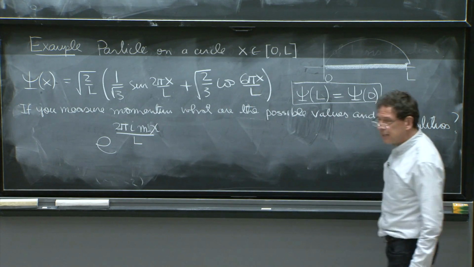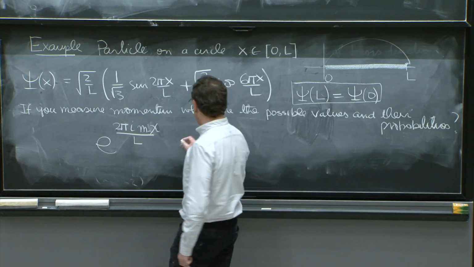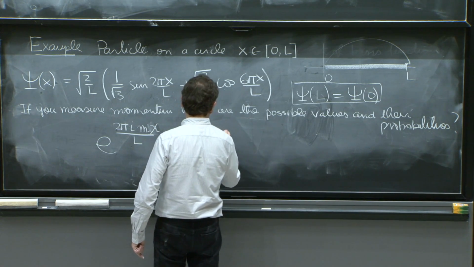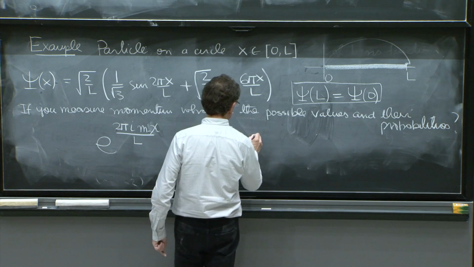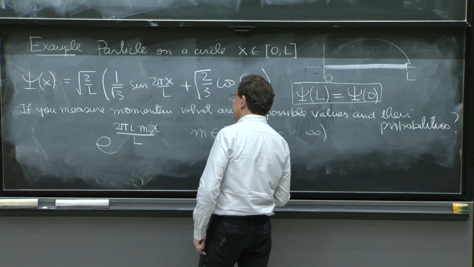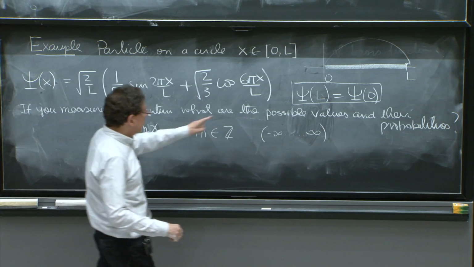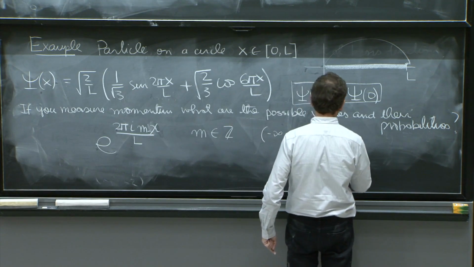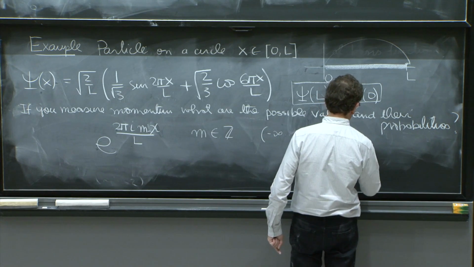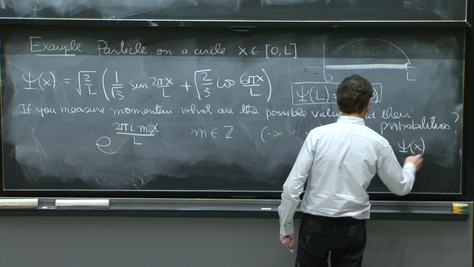So this does satisfy, I claim, the condition. It's the only way if m is any integer, going from minus infinity to infinity. Those things are periodic. Actually, they satisfy psi of x plus L equals psi of x.